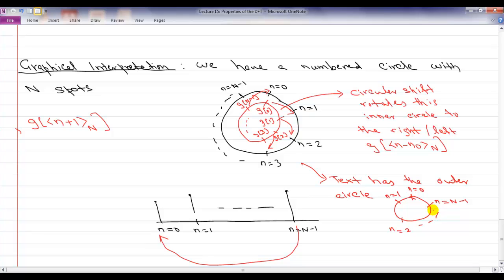But I don't find that as intuitive as just taking the number line and just turning it into a circle. Okay. So the main point is, regardless of whether you do circular shift using the mod formula explicitly, or you do it using this graphical representation, the main point is that circular shift results in the same length sequence as you started with.